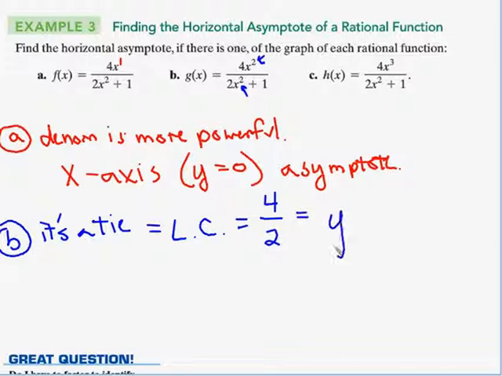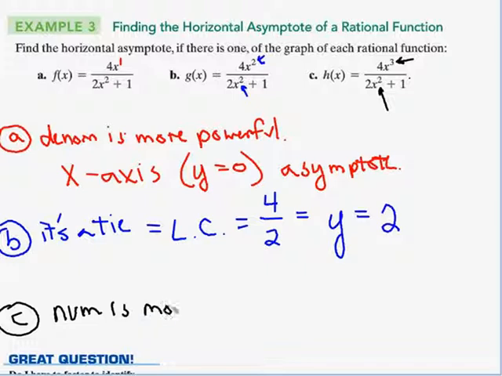So there's our horizontal asymptote: y equals 4 divided by 2, which is 2. Last one, letter C. Notice numerator now is 4x cubed. Denominator is 2x squared. Numerator is more powerful. No horizontal asymptote.